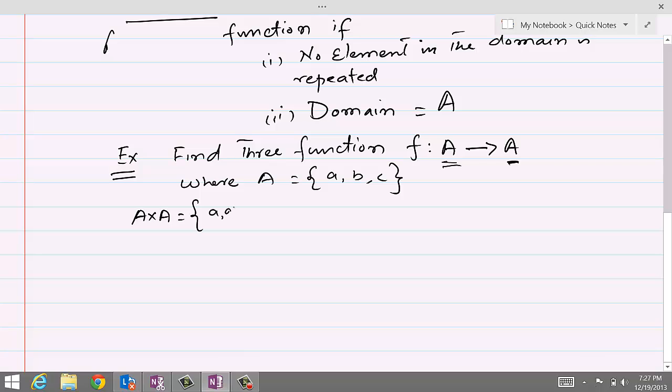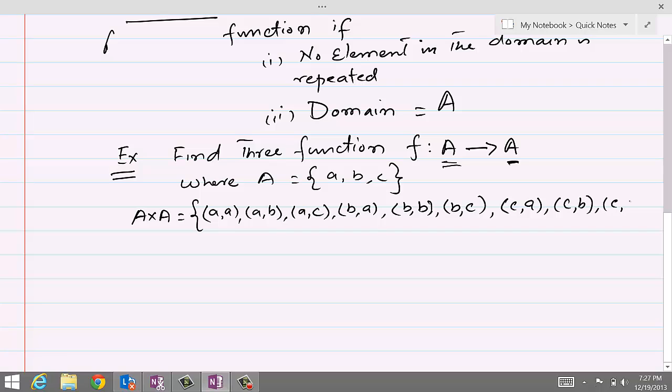Those would be (a,a), (a,b), (a,c), and then (b,a), (b,b), (b,c), (c,a), (c,b), and (c,c).